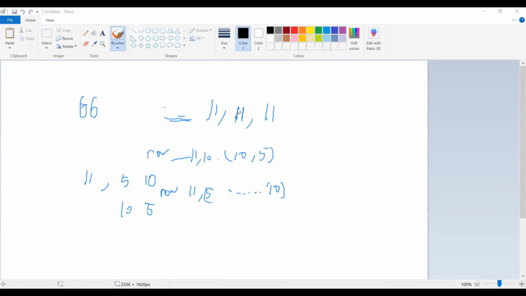So the only time you're not overcounting is when you have two of the same number. They're in the same row, so you're only counting them once.